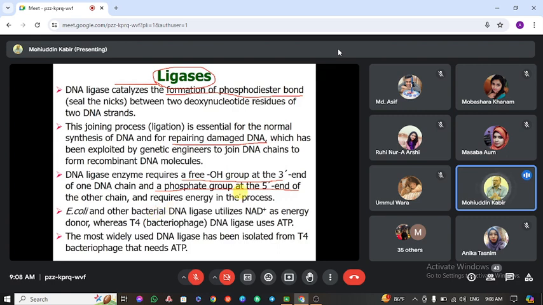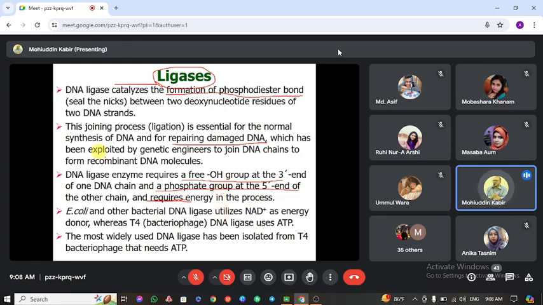So this is the condition. 3' end must have free hydroxyl group and 5' end must have free phosphate group. Otherwise, no phosphodiester bond will be created. And this process requires energy.